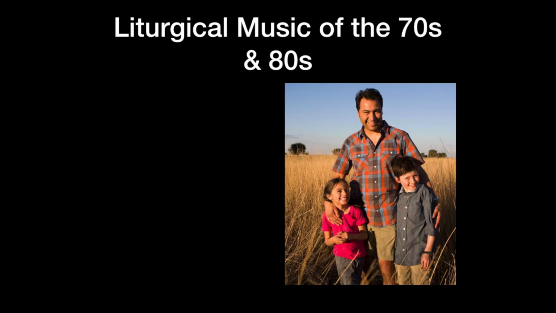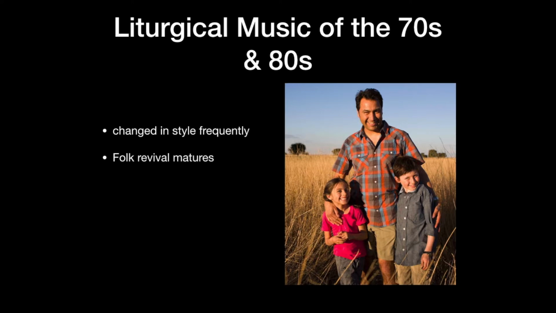The liturgical music of the 70s and 80s, however, reflects the styles of popular music that it is trying to emulate. And so the styles change quite frequently. And we get in the 70s and 80s the folk revival sound in the Catholic Church maturing.